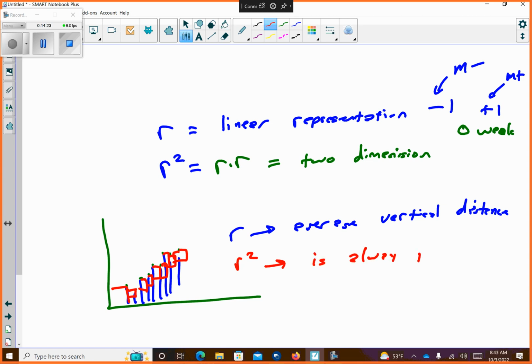It's always a positive number, because if I were to take two negative numbers and multiply them together, think back to algebra 1, we get a positive number. Okay, so let's take some made-up data and plug it into Desmos and see how Desmos deals with this.